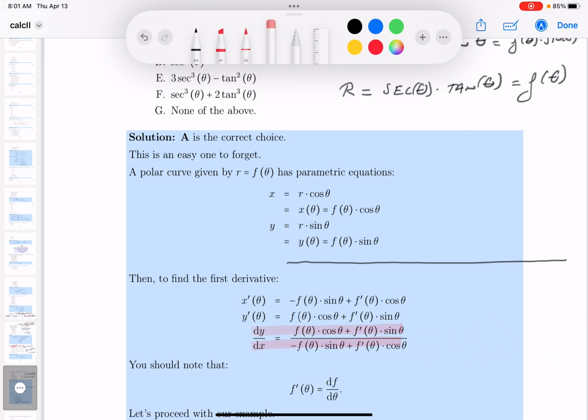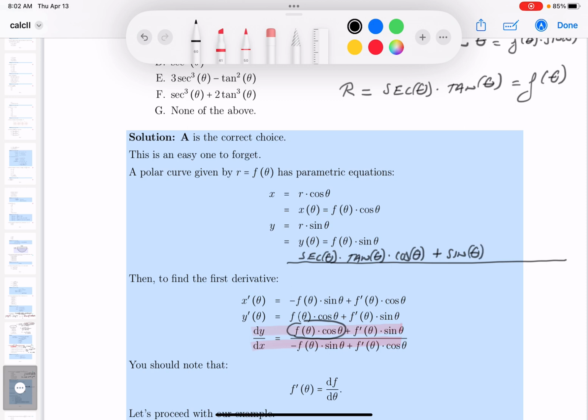All right, let's start writing things down. So f of theta is secant theta times tan theta times cosine theta. Okay, we just did this part over here. Now I've got to do the next one. It's going to be plus. I'm going to write down sine theta first.